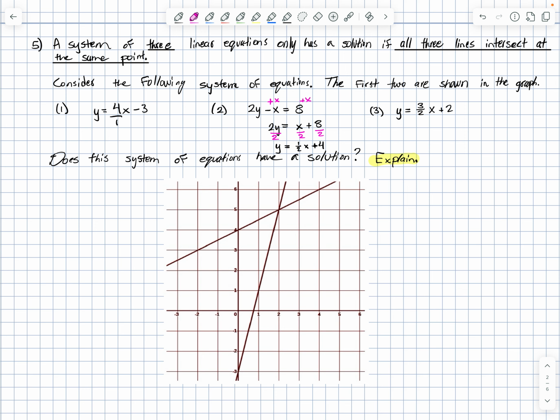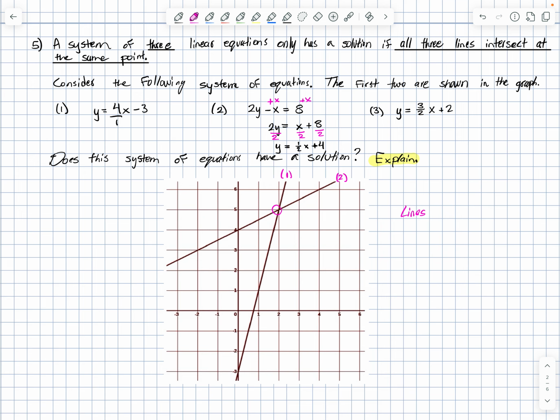A preliminary question, even before reading the rest of the question, could be: state, just by looking at this, what is the point of intersection? What is the solution of just these two lines? Well, that would just literally be telling me the coordinates of that point. So let's say this is line 1, and this is line 2.